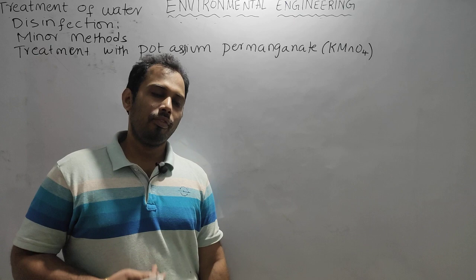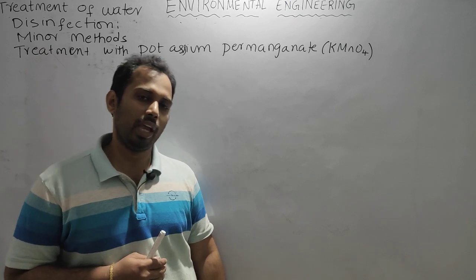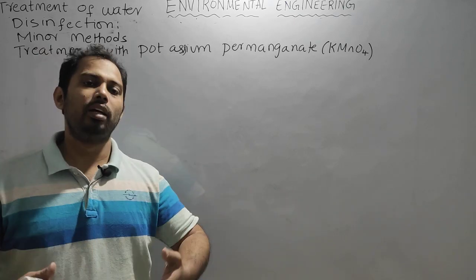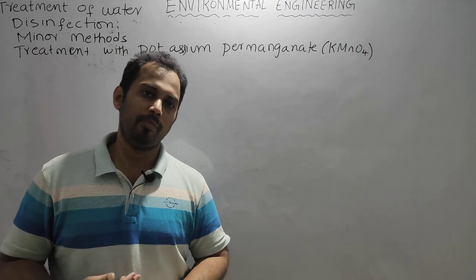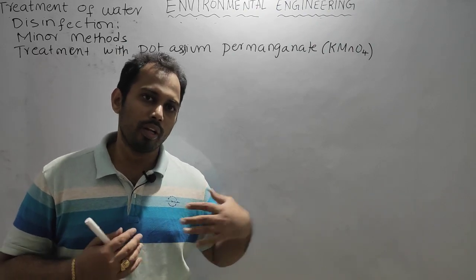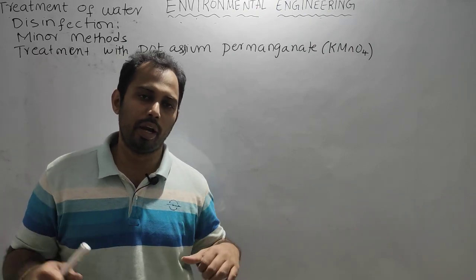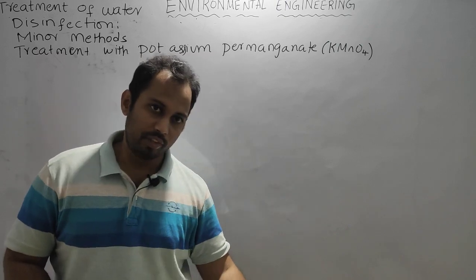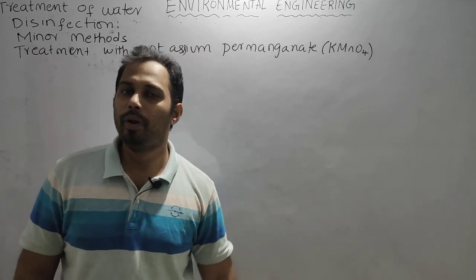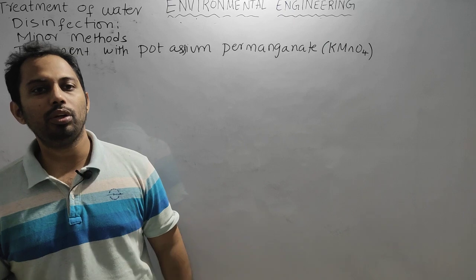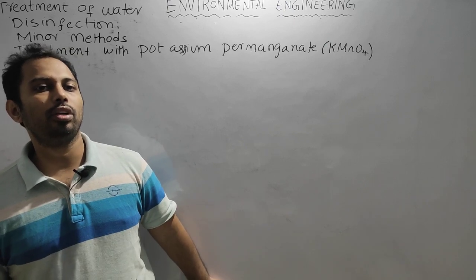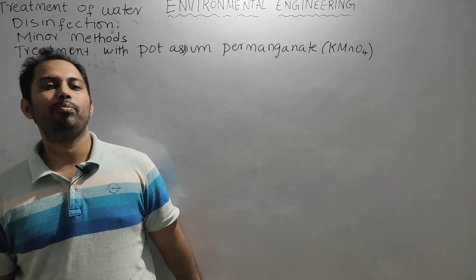If you keep on increasing the addition of KMnO4, the water will take the KMnO4 you are adding, but at some point the water's demand will be completely satisfied, and if you still keep adding, then the KMnO4 will be present in the water in the form of a residue. That KMnO4 residue will look pinkish in color.